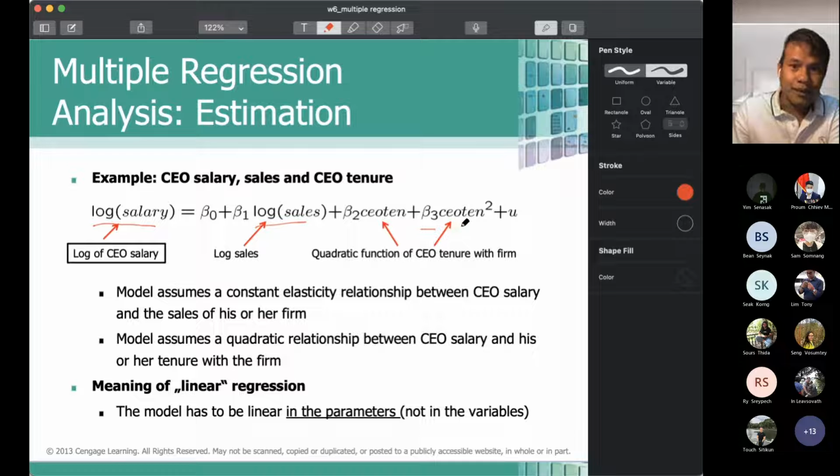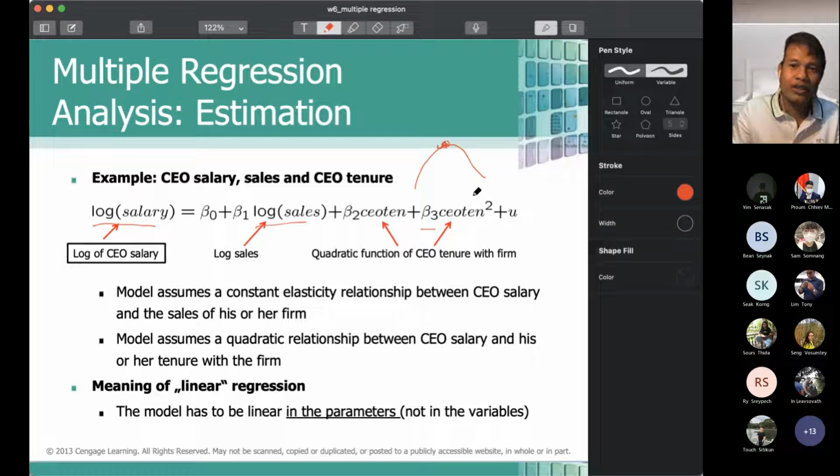Meaning that it doesn't mean that when the CEO tenure increases, they always have a salary increase, but at one point the salary will no longer increase. So the effect will be something we call a quadratic functional form. So at one point the salary will no longer increase when the tenure increases.